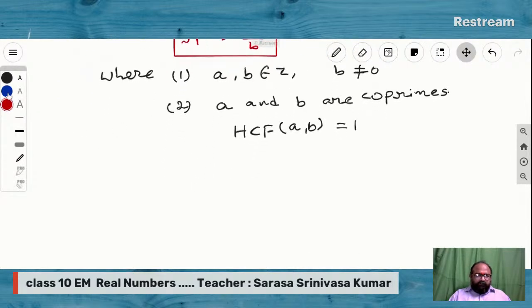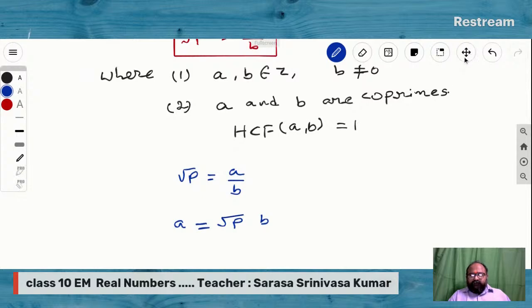Now, by rearranging this, square root of p equal to a by b, so a equal to square root of p multiplied by b.